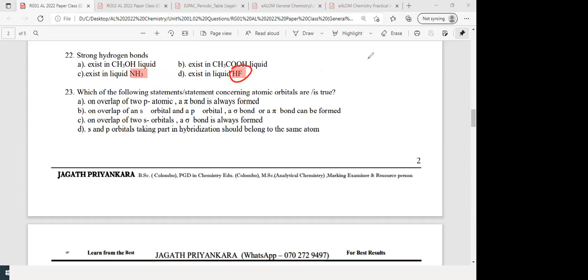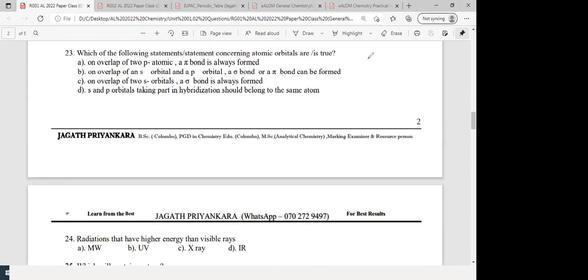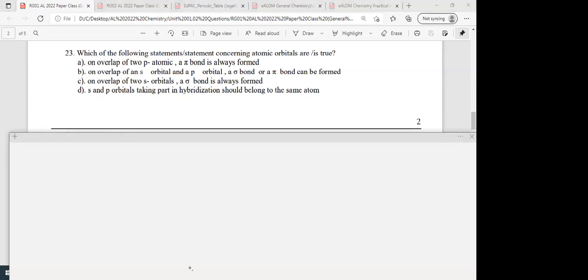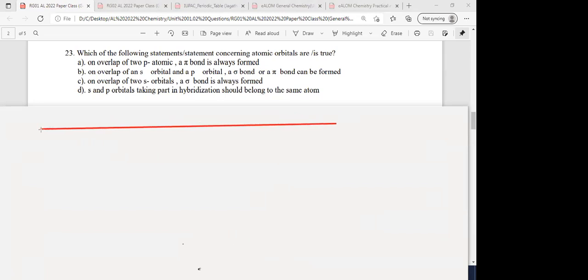Question number 23. You have learned sigma bonds and pi bonds, right? If there's only one bond, it is always sigma. I'll make a table like this, then you can copy it down quickly and easily get the answer.